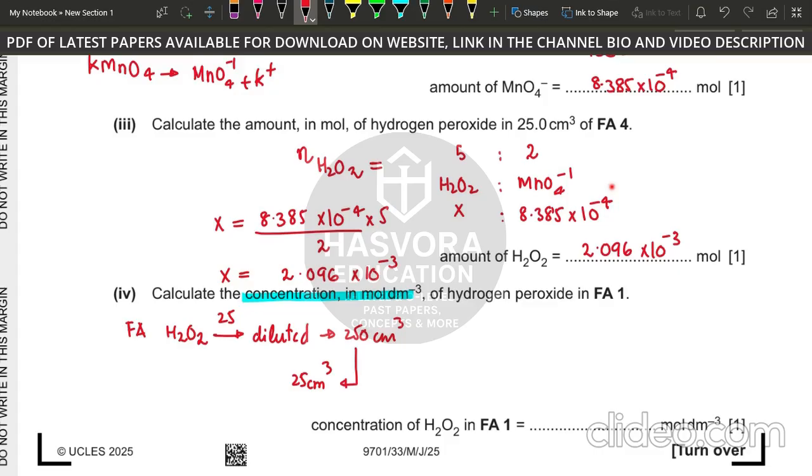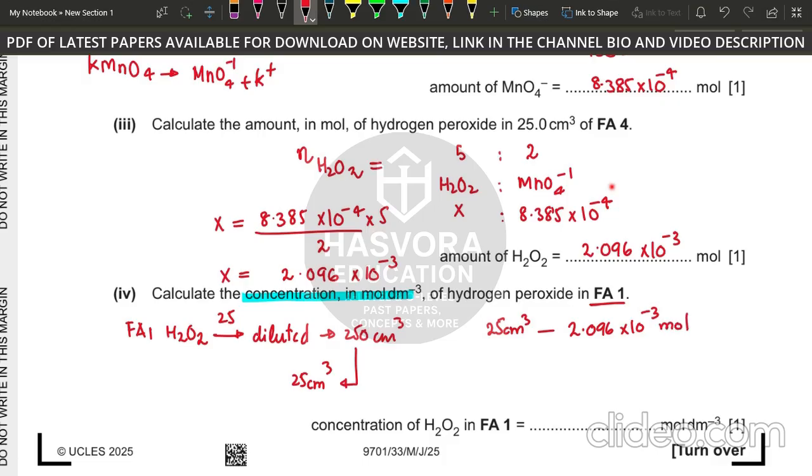Now they are asking us the concentration of the hydrogen peroxide in Fa1. This Fa1 was actually your original solution. We know the 25 cm³ of Fa4, which was a dilute solution, contained 2.096 × 10^-3 moles.